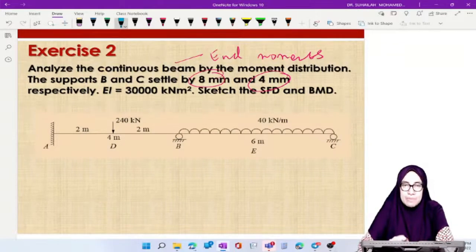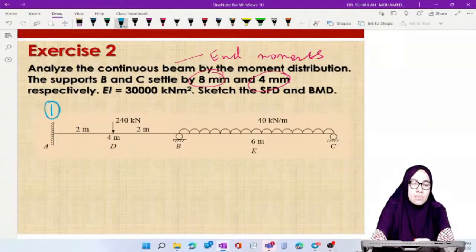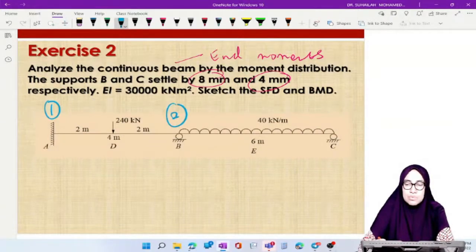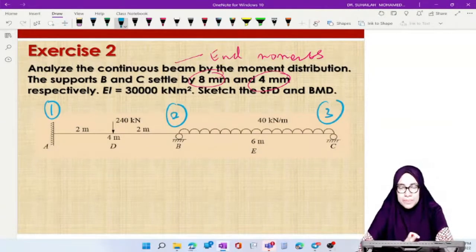We have member AB and member BC, so we have 2 members.